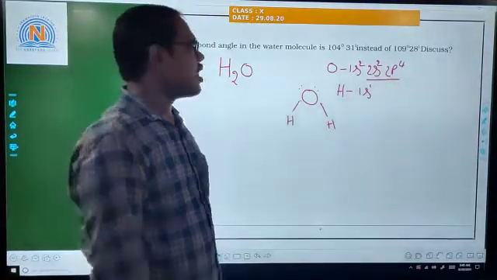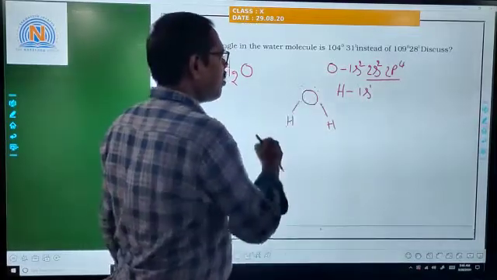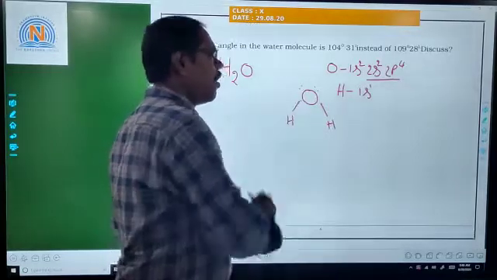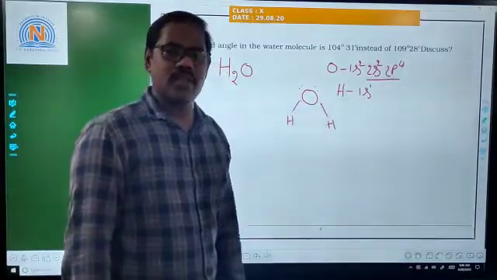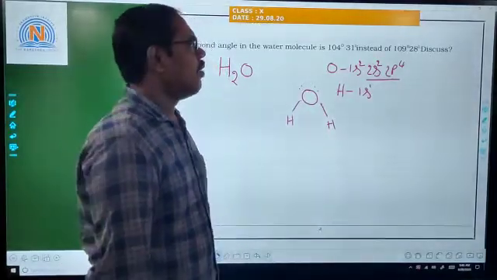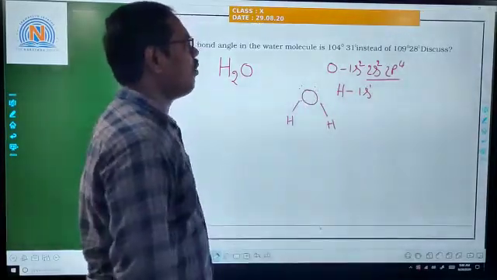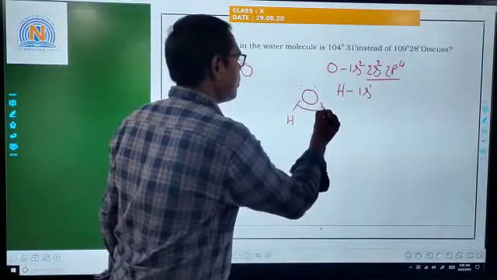Here there are repulsions between the lone pair and lone pair, lone pair and bond pair, and bond pair and bond pair. Due to these repulsions the bond angle decreases from 109 degrees 28 minutes to 104 degrees 31 minutes.